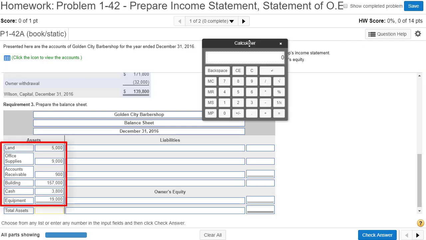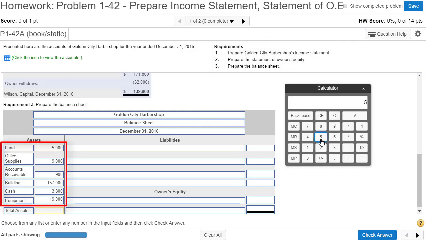I need my calculator. So I'm going to take 5,000 plus 9,000 plus 900 plus 157,000 plus 3,800 plus 19,000 gives us a total of $194,700 of assets.